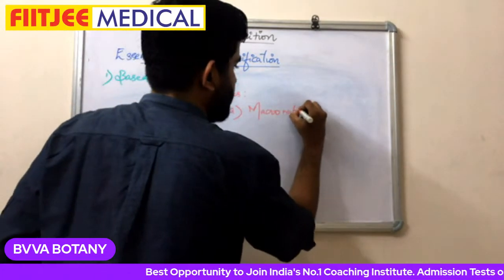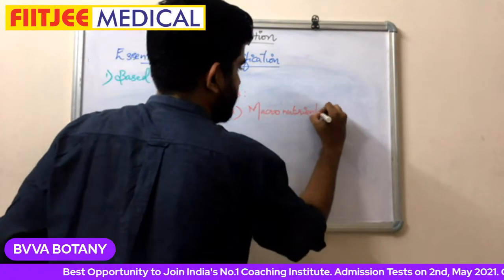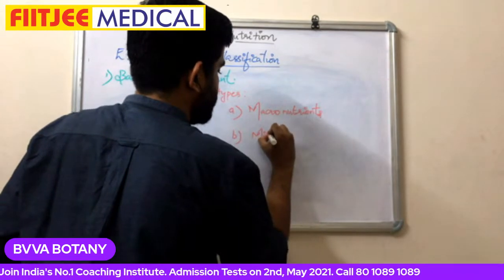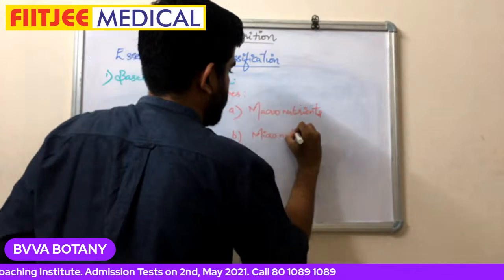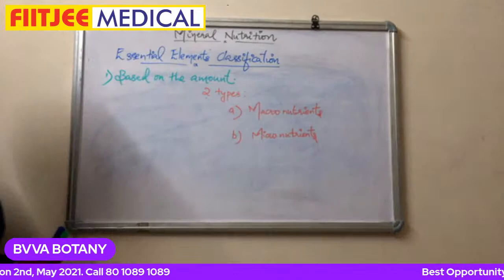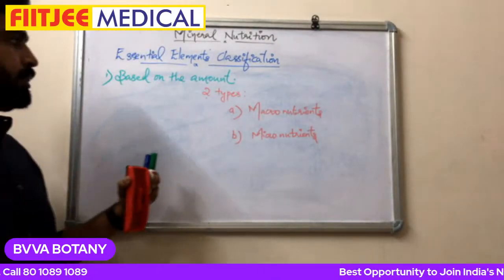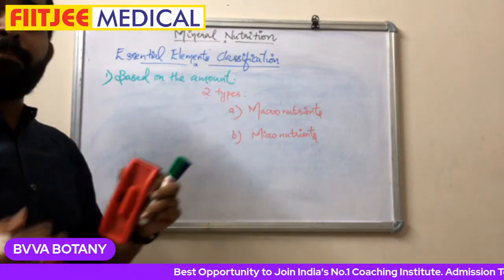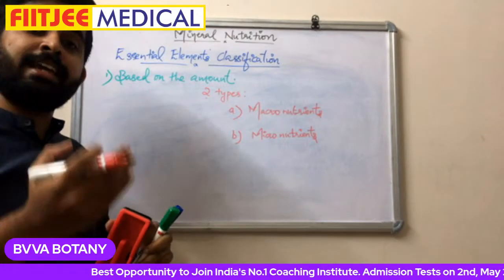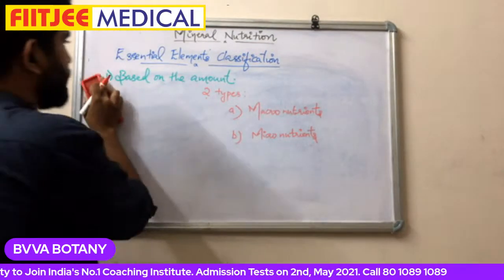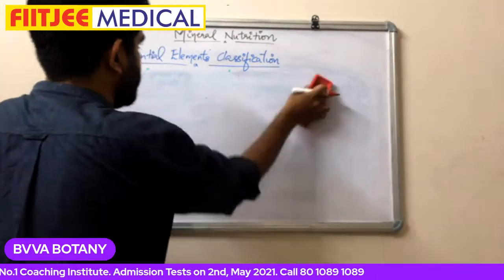So based on the amount present, there are two types of essential elements, namely macronutrients or macro elements and micronutrients. These are the two types of essential elements based on the quantity which a plant is having. So we will take up in a little bit of detail about macro and micronutrients.